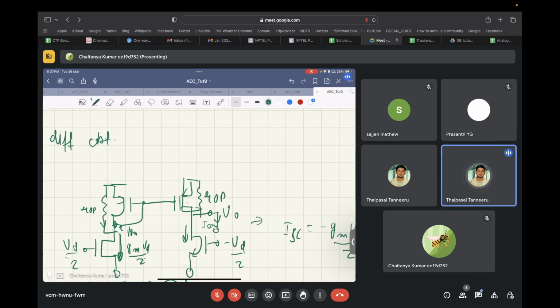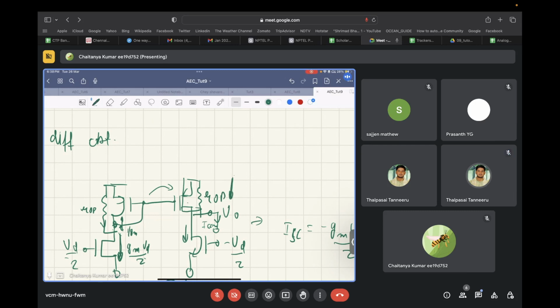Sir, it will go through 1 by GM, because 1 by GM is small. So most of the current goes through 1 by GM, and the same current will be mirrored on the opposite side PMOS, right? Yes, sir.